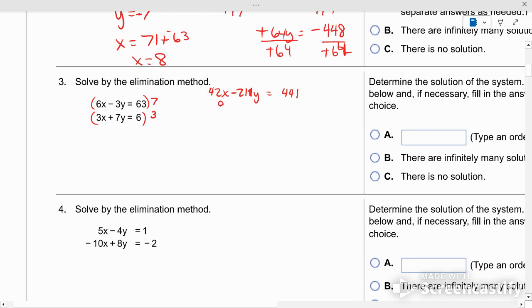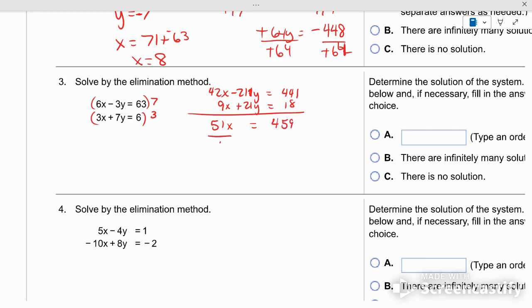And then 9x plus 21y equals 18. If we add, we get 51x equals 459. Divide by 51.